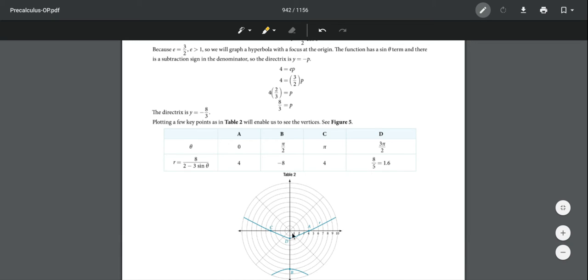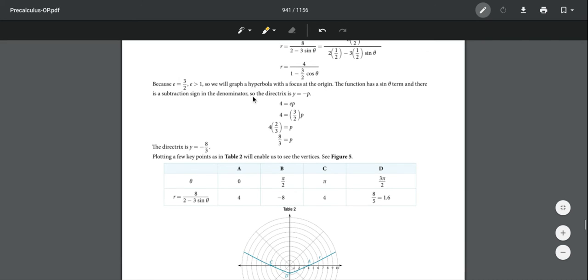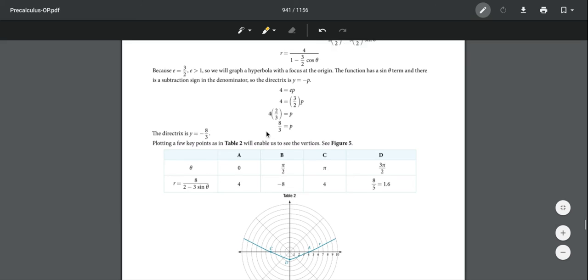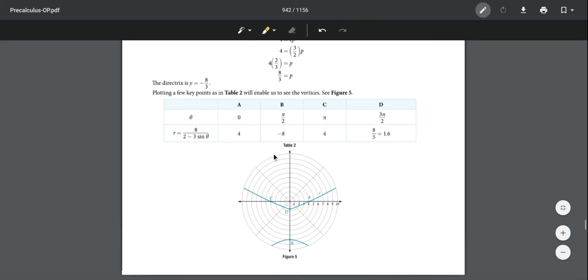So it's going to be the upper focus that is the one at the origin, because that directrix is below the origin because of the minus. Also, we're going to plug in those points, so that's going to give us that too.